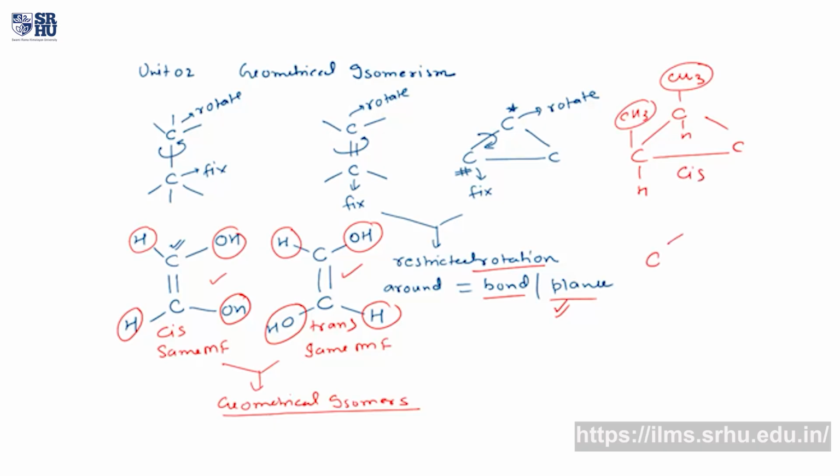Whereas if one CH3 is above the plane and H is below the plane, and in the other carbon CH3 is below the plane and H is above the plane, you can see that these two CH3 are on opposite sides of the plane. So hence these two are known as trans isomers. So this is how cis and trans isomers and geometrical isomerism are understood.